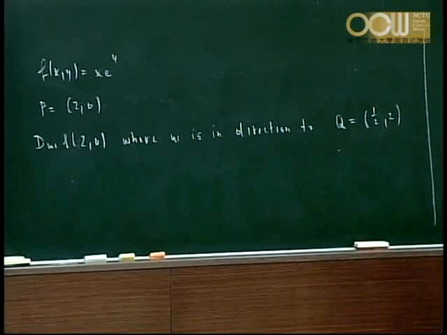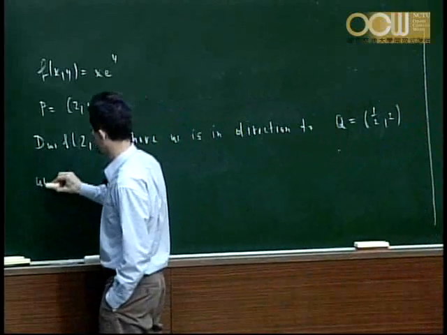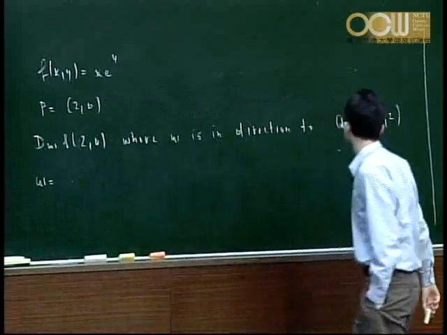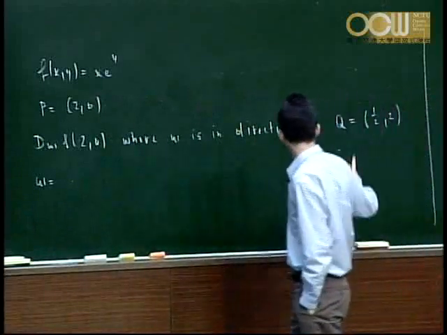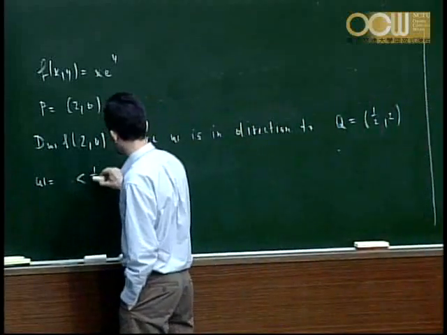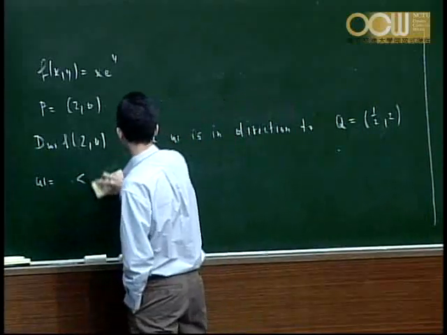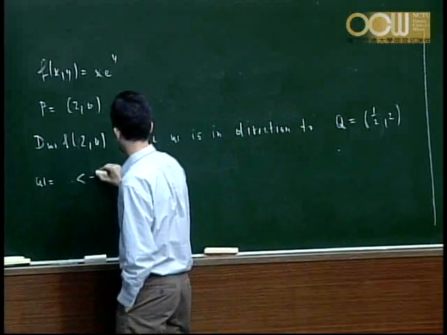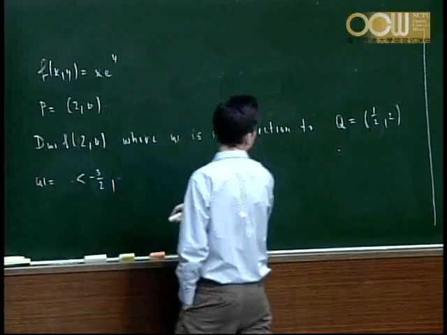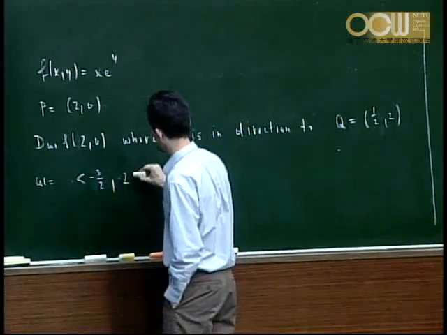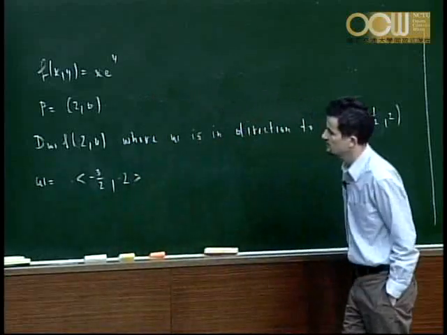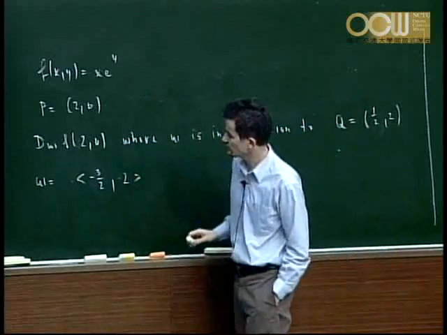Of course, this is a very easy example. So u in this case: you look at this vector, (1/2 minus 2, 2), that is (-3/2, 2). But you have to multiply, because this is not a unit vector, okay?